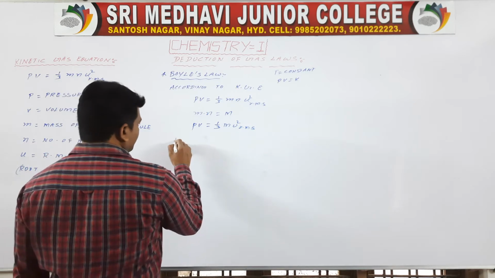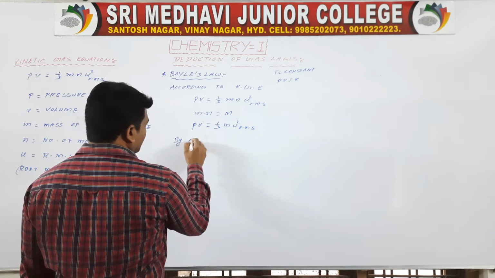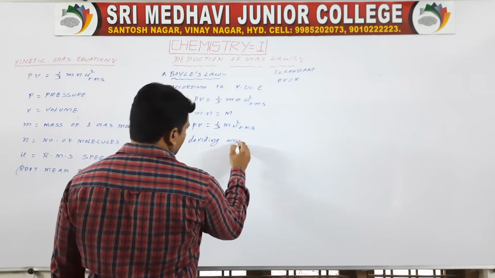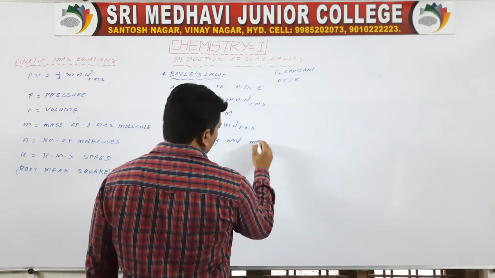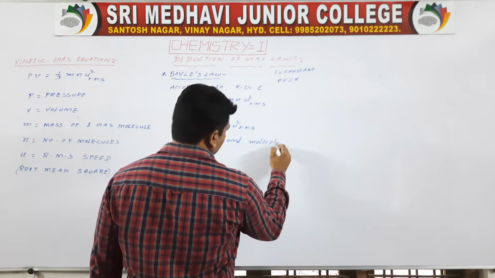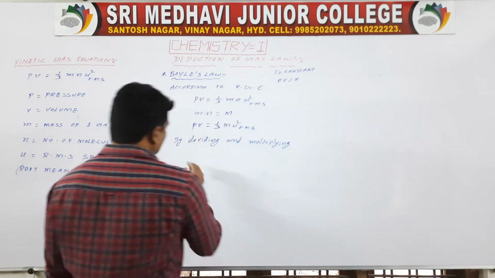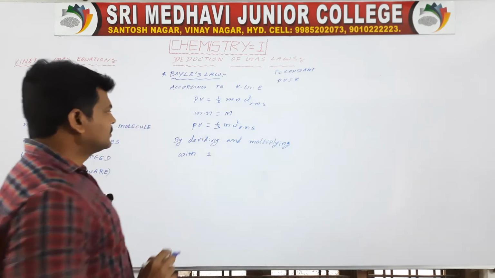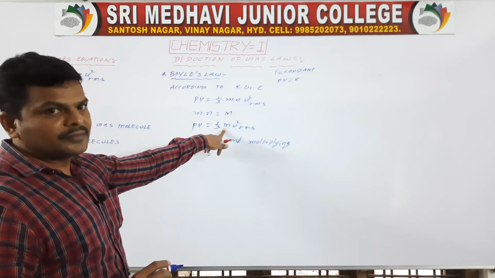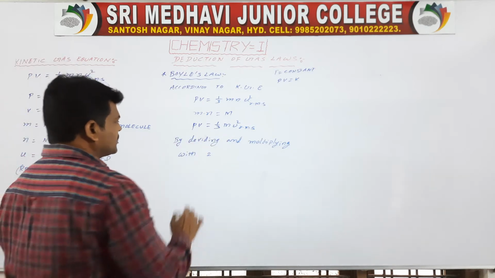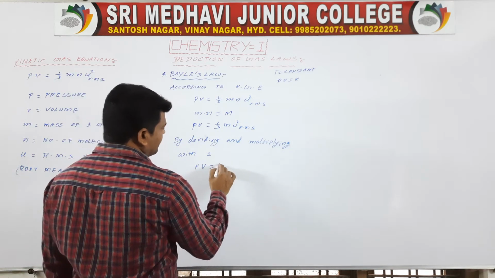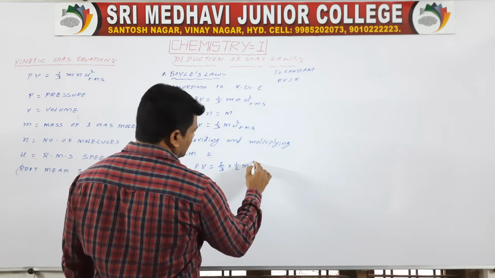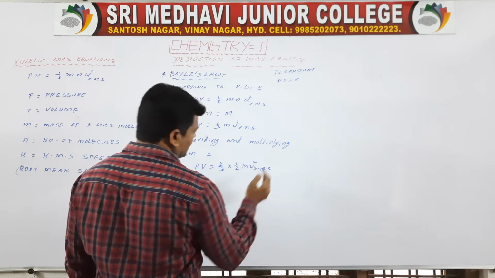Now by dividing and multiplying with 2, on the left side only, right side only, PV equal to 2 by 3 into 1 by 2 M u square RMS.